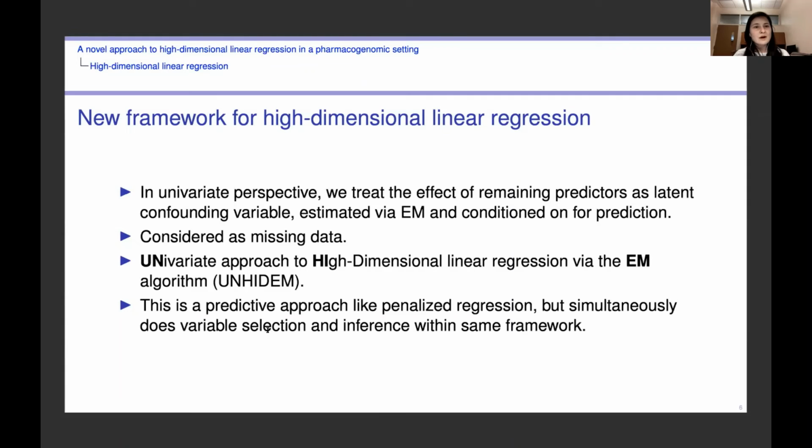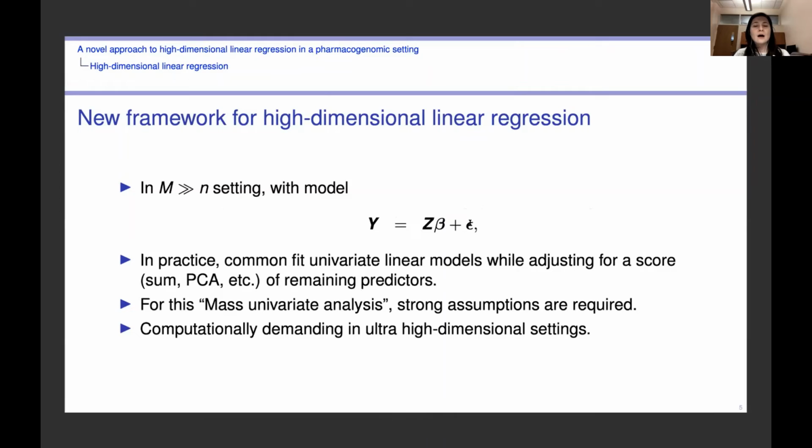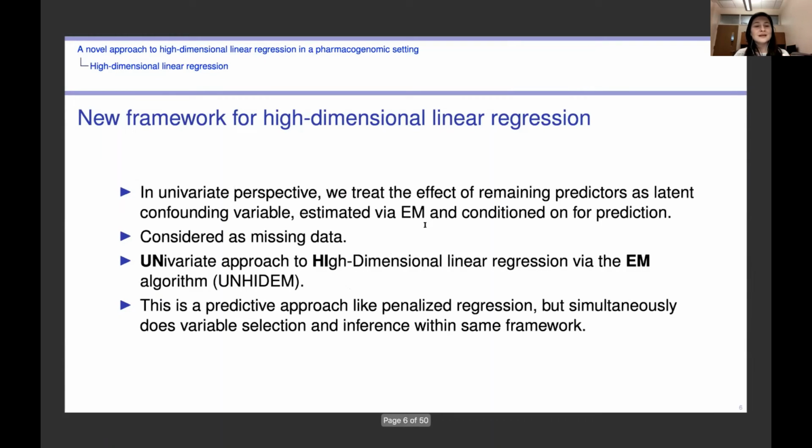And so to address these challenges, still in the univariate perspective, we've developed a way to treat the effect of the remaining predictors as a latent confounding variable, and still focusing on the univariate perspective, so focusing on one variable at a time.